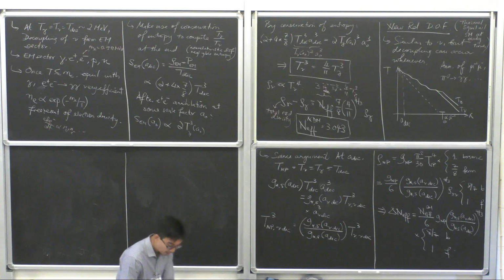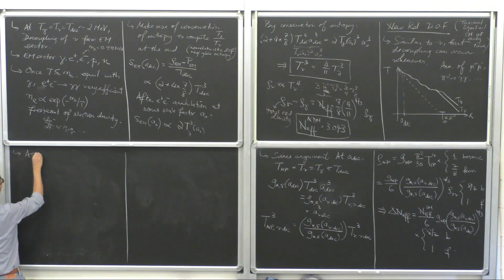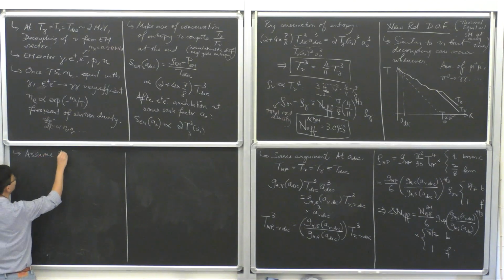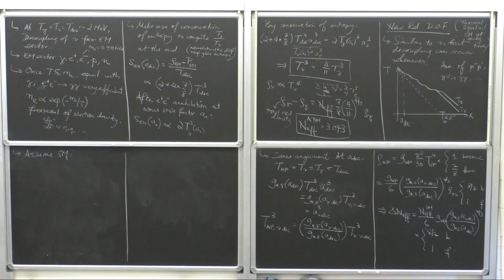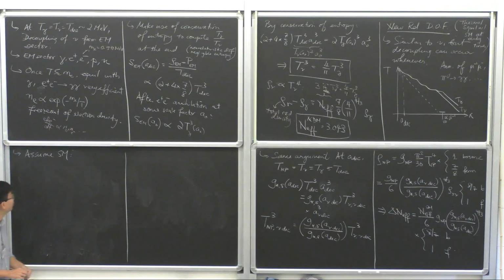Okay, so one thing that we know is that if we just assume the standard model, there are a finite number of particles, right? Within the standard model, there are 6 different quarks and 6 different leptons, neutrinos and charged leptons, and so on.